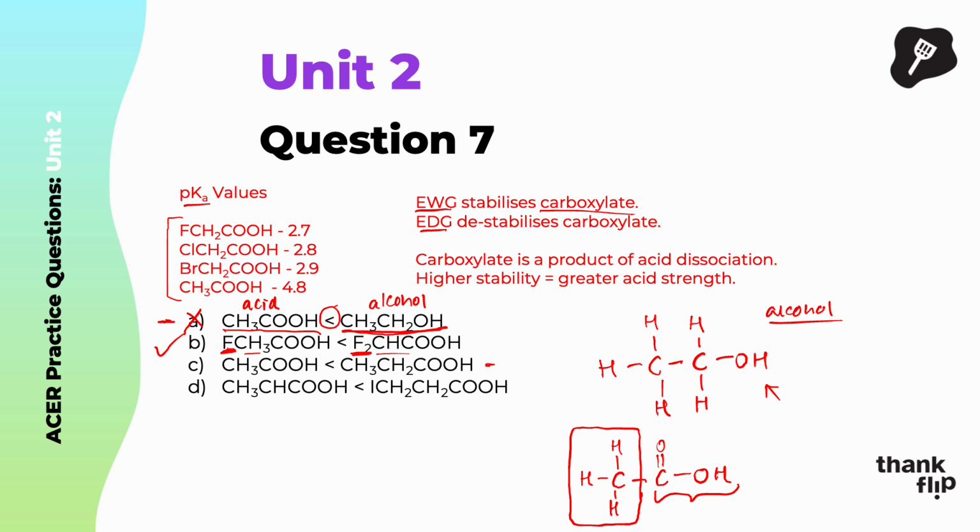So having this extra group here is probably not going to make much of a difference, and so this is likely going to be incorrect. Or if you're unsure, you can kind of use your reasoning in that this is not going to make as much of a difference as two fluorines, right? Because you should know based on your kind of periodic table knowledge that fluorine is extremely electronegative. So this is still the best option, this one here.